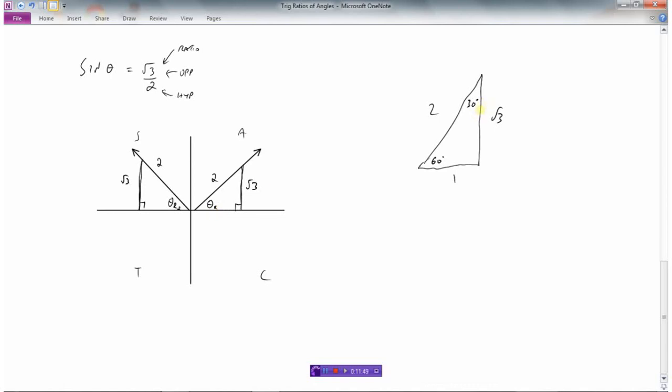So I'll start with 30 here. But the opposite side of 30 is 1. So this angle is no good because the sine of 30 would be 1/2. So I'll check 60. The sine of 60 would be root 3 over 2. Sine 60, root 3 over 2. So I now know that the reference angle should be 60 degrees.